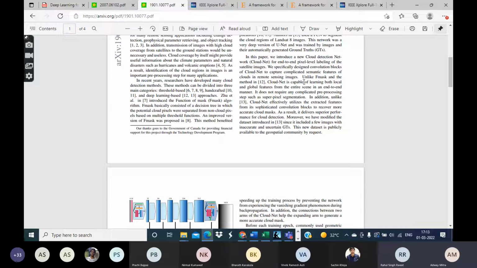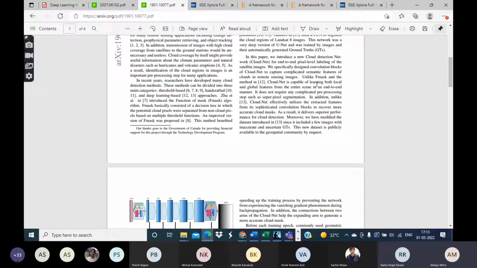This is basically what they are repeating: the clouds may have semantic features which they are claiming the different layers will be able to represent. That is the convolutional filters they have at the different blocks. They are claiming those blocks capture various features of clouds that are human interpretable.